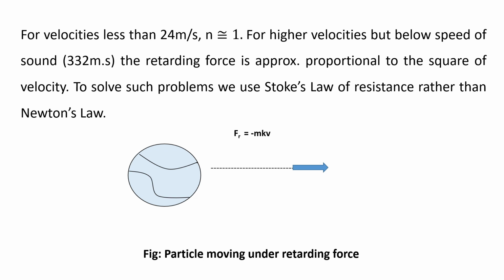At a constant velocity of fall, called the terminal velocity, the upward and downward forces are balanced. That is called the Stokes law of resistance. Newton's law is not applicable as the resistive forces are present here, so Stokes law is used in this place.